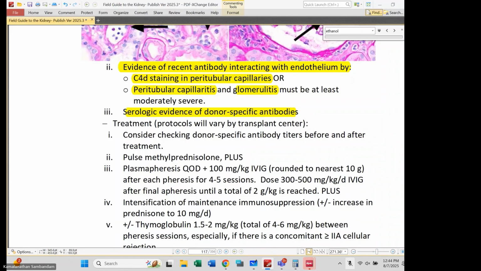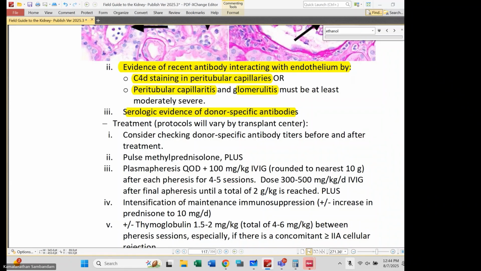Yes, question? Why doesn't C4d staining in glomerulitis count as a criterion? The question is, why does C4d staining in the glomerulus not count? It's an answer that's perhaps not that satisfying. C4d staining in the glomerulus is almost universal, so it doesn't track with rejection.